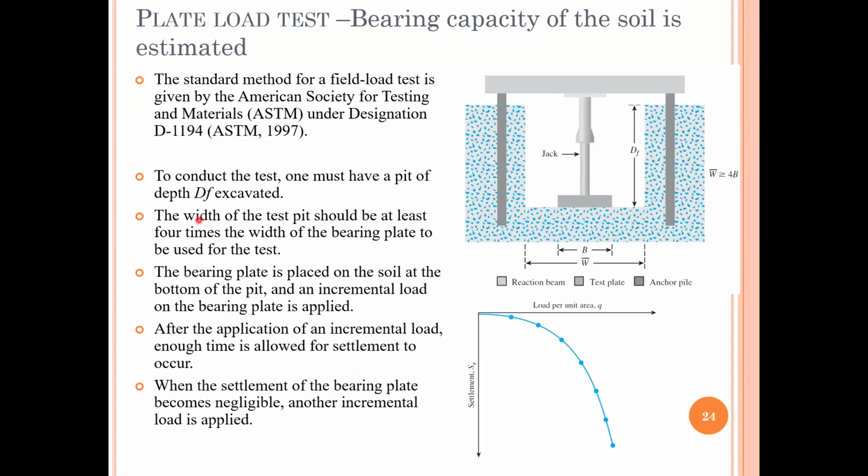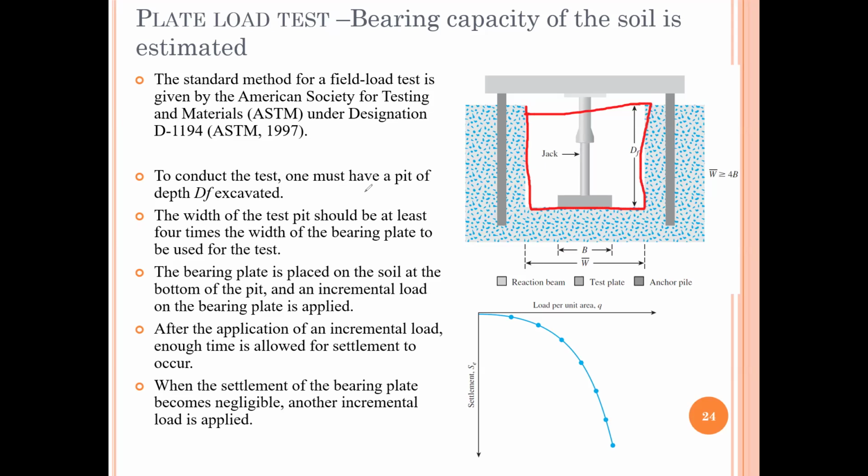there's another in situ test we can do to figure out the bearing capacity. We call that the plate load test. What it does is, a pit, like a hole, is excavated at the location of interest.